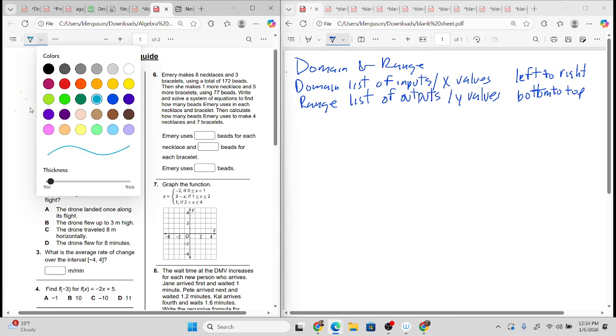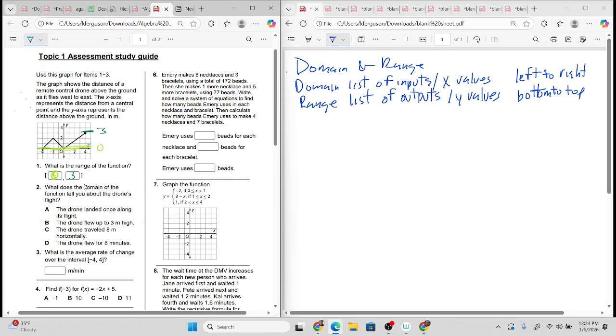And then next, what does the domain of the function tell you about the drone's flight? Well, we just said that going from left to right, that's our domain. We also just said that going from left to right, it represents the distance from a central point, or how far, like I'm driving this drone, how far it is away from me.